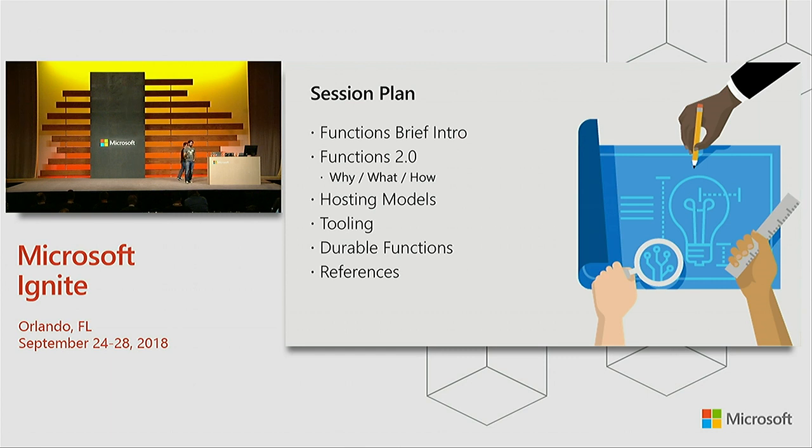We'll cover what's included in Functions 2.0, and mostly Fabio is going to cover how things work, the under the covers piece. Functions 2.0 enables us to do more things, so we're going to cover the different hosting models that we now support. We'll talk about the tooling and how things changed. Couldn't be a functions session without talking about durable functions, a part of the product that people love. And in the end, we'll give you some references that you can refer to later.